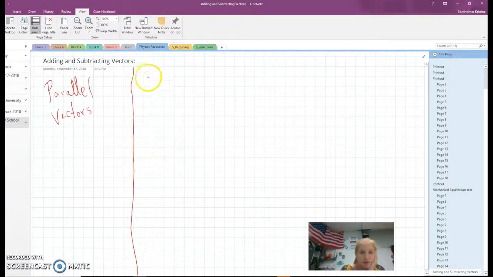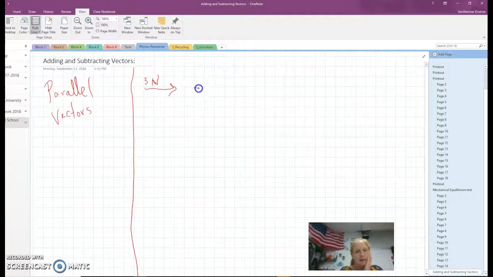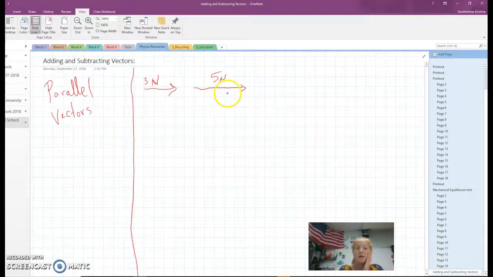Parallel vectors, if they are parallel, so I'm going to say this is a 3 Newton vector because it's 3 squares, and a 5 Newton vector. They're pointing the same direction. You just add them.